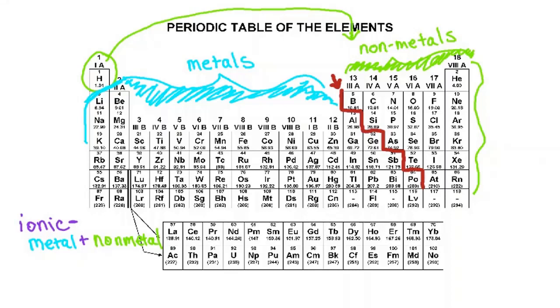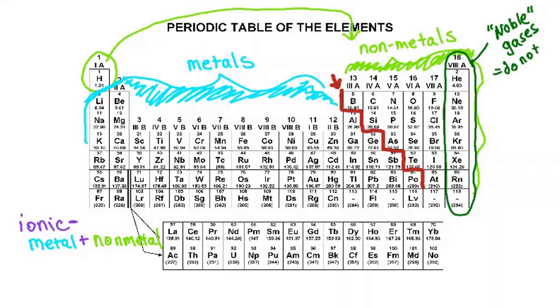So if you look at the non-metal side, the very first row, these are the noble gases, and the noble gases were named that because it was kind of a joke among scientists that they were noble. The thing about this row is that they are valently neutral, so they do not bond with anything else.